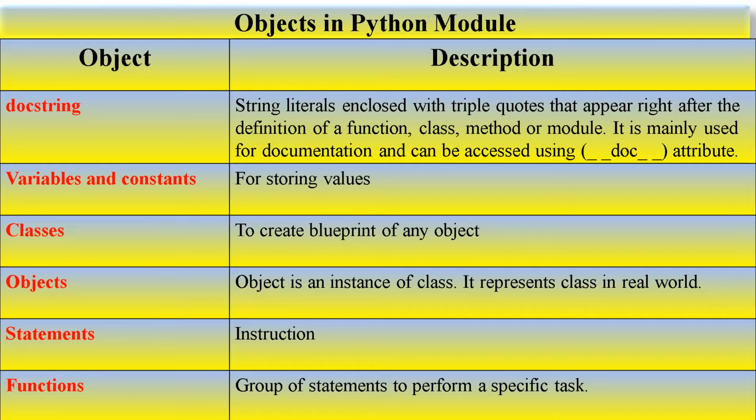Variables and constants, for storing values. Classes, to create a blueprint of any object. Objects. An object is an instance of a class. It represents a class in the real world. Statements, instructions. Functions, a group of statements to perform a specific task.